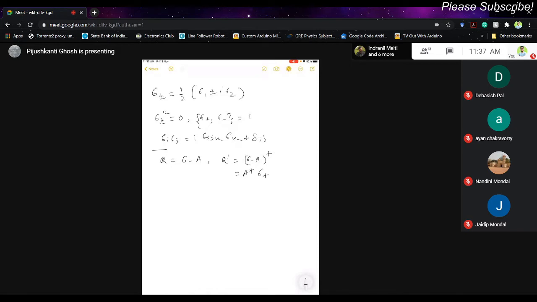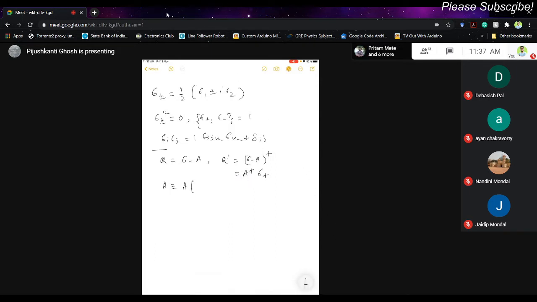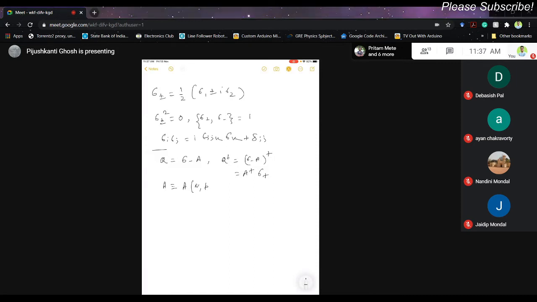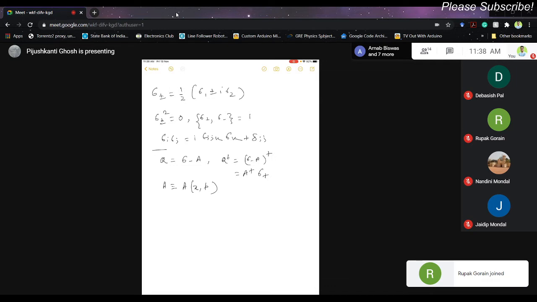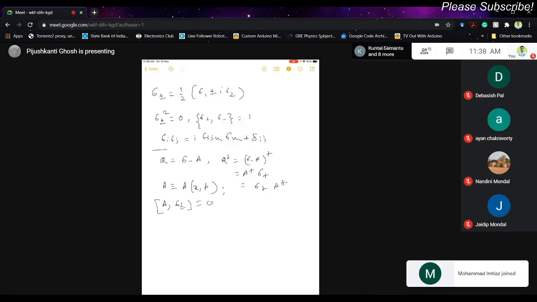But A is a function of the operators x and p only. On the other hand, sigma plus and minus commute with them, so you can write it as either A dagger sigma plus or sigma plus A dagger.